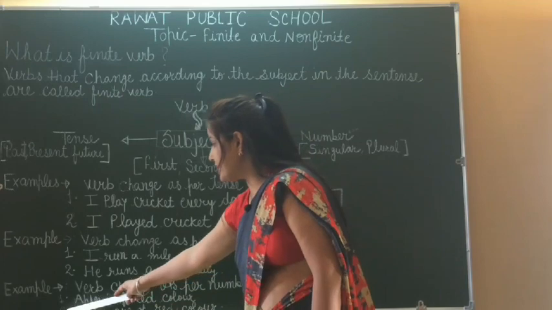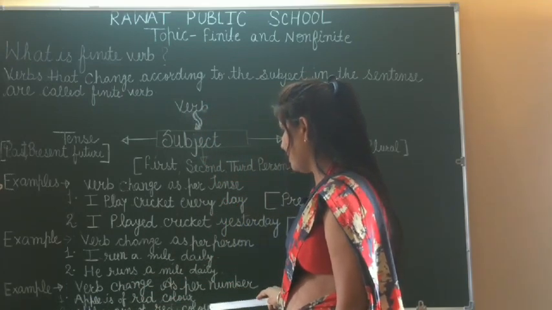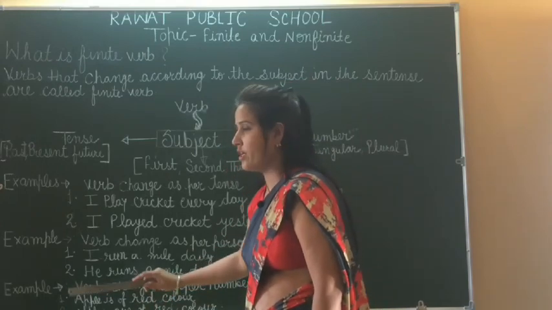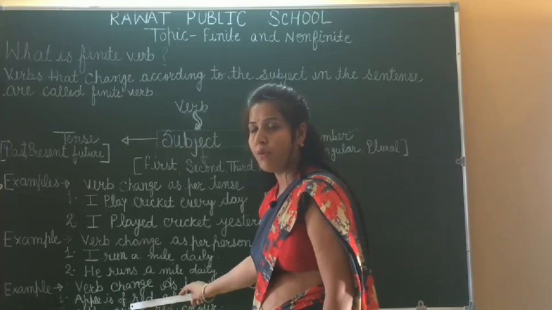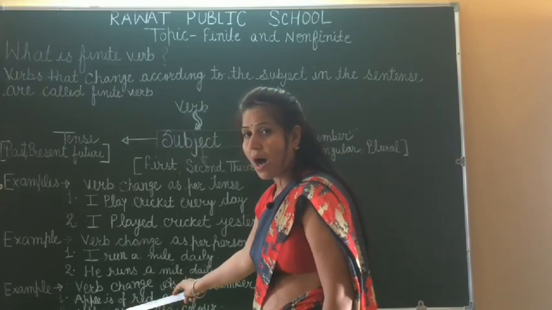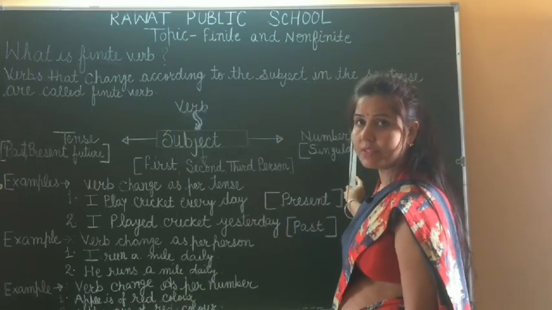Let's see the other example: Apples are of red color. Apples is a plural subject and are is a verb. So the verb is changed to are as per the number of the subject.